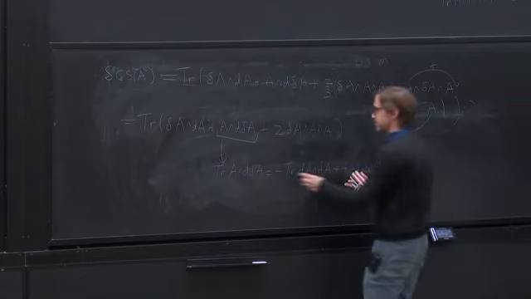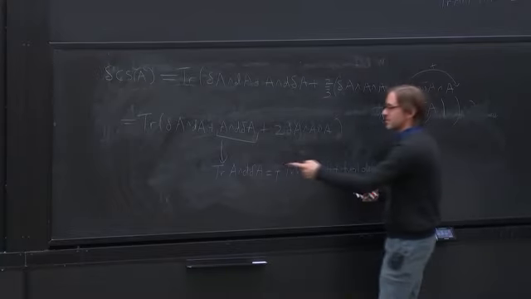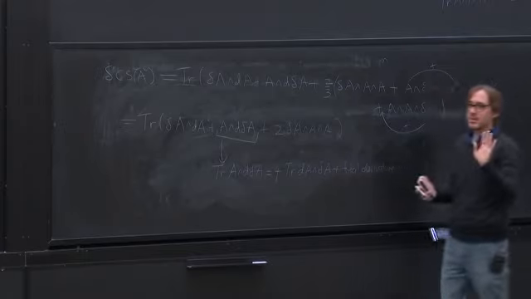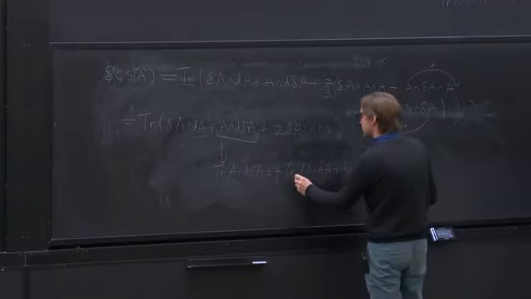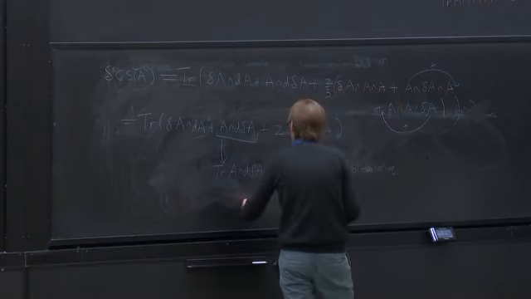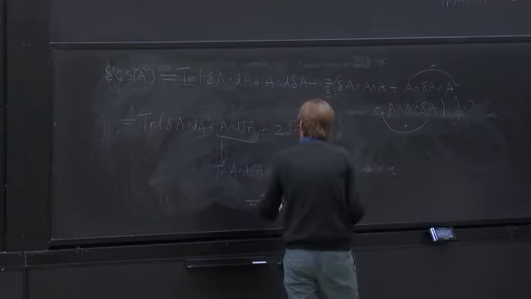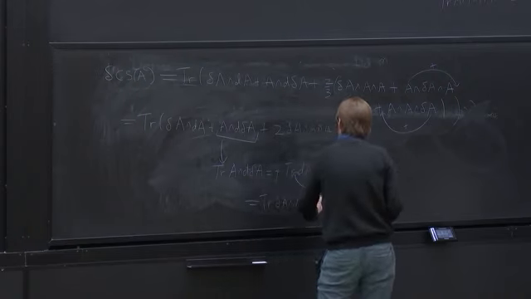Sorry, this is a plus, because it involved moving d past a one-form too. So I can switch them around with a sign of plus. That's equal to trace delta A wedge dA plus total derivative.